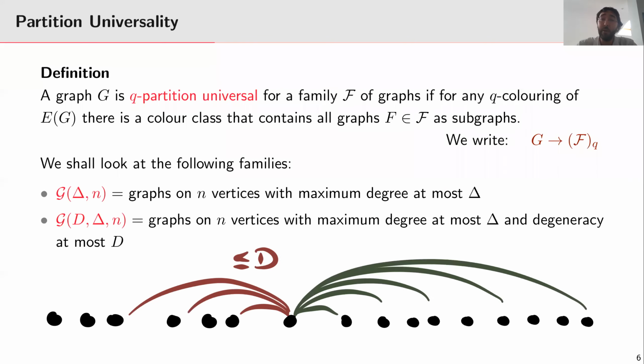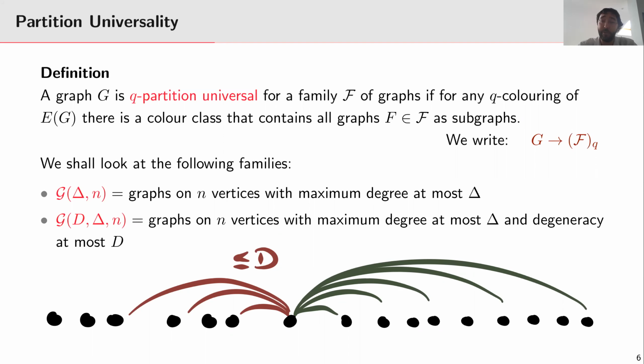Okay, the families I'm going to be interested in are these two, so G delta n. These are the n vertex graphs with bounded maximum degree at most delta. And the subset of this, G d delta n, so this is n vertex graphs, maximum degree at most delta, and additionally the degeneracy should be at most d. So degeneracy means here is my graph in G d delta n.